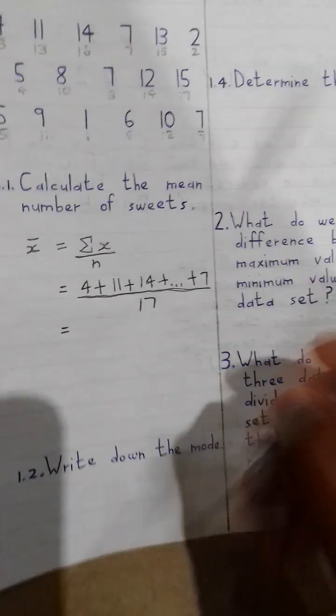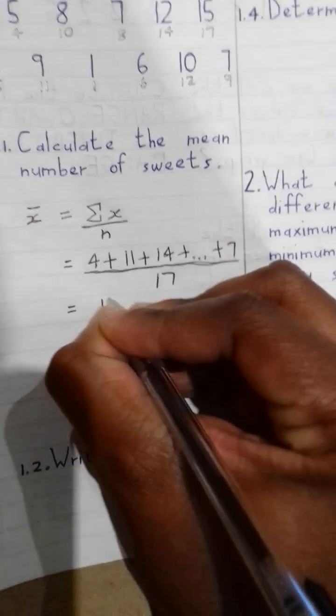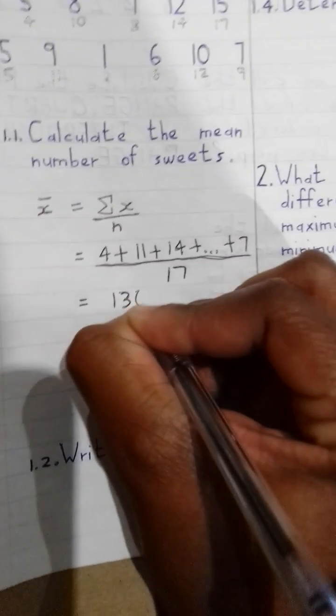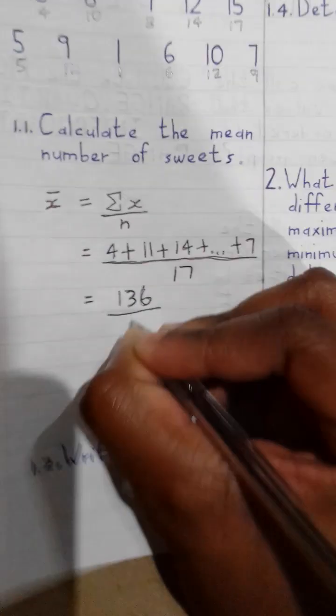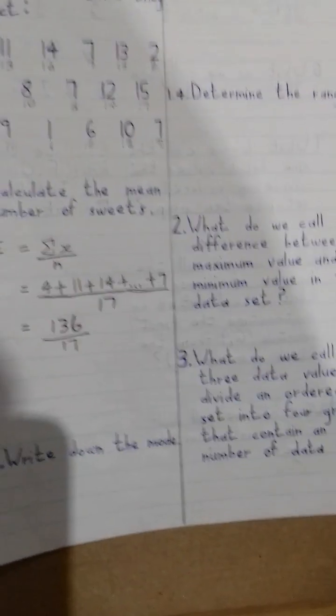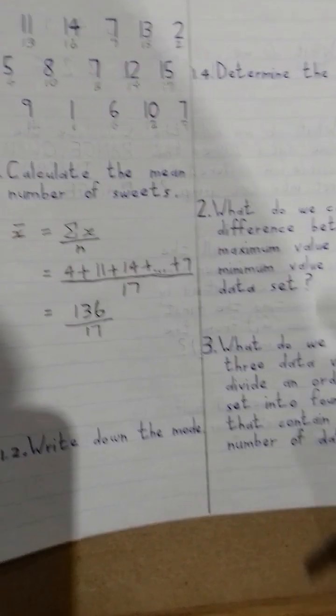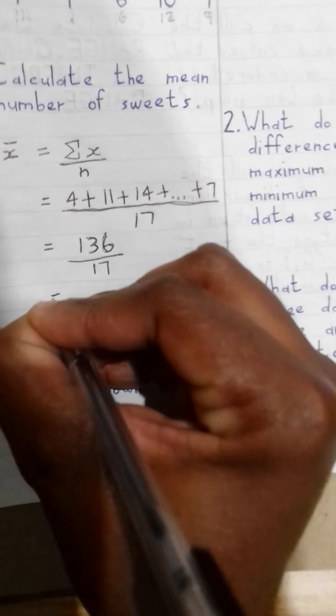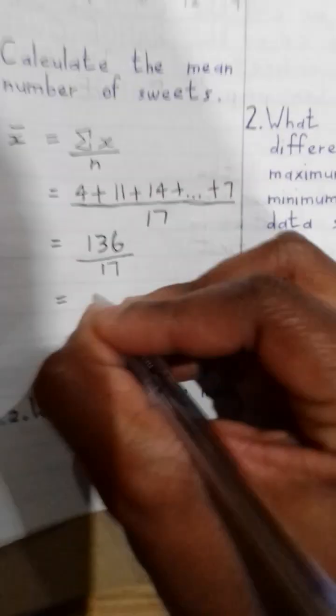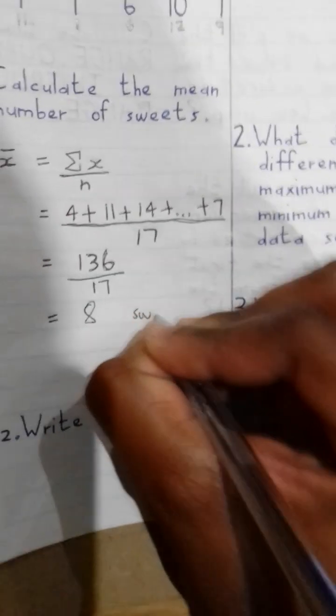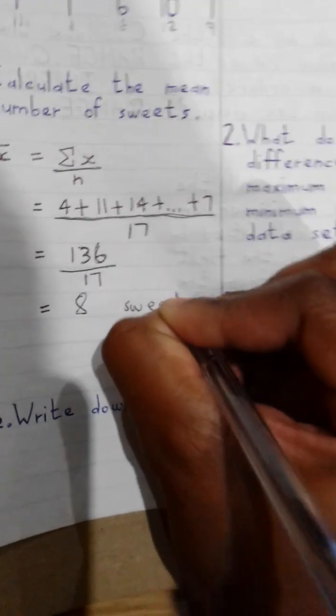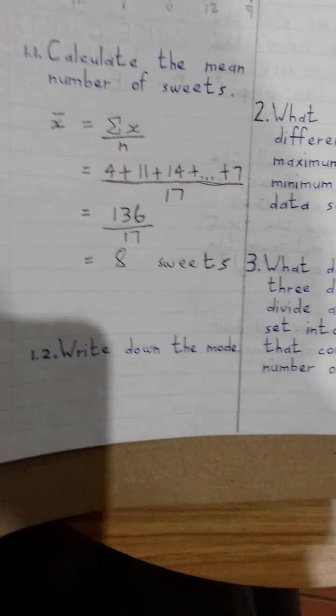It's 136. Divided by 17. So we have the mean number of sweets is 8 sweets. I hope that makes sense.